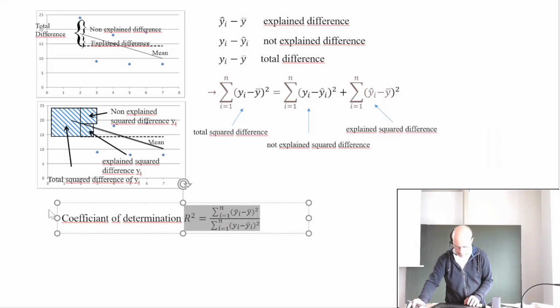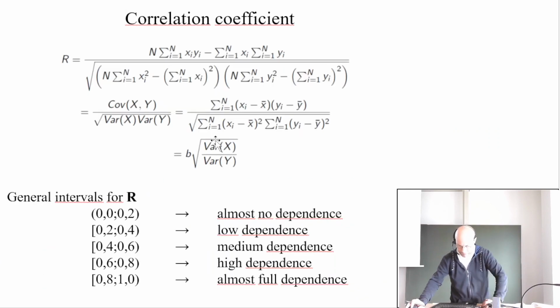We can take this formula, putting all our numbers in, or taking this dependence between B and the variances of x and y.